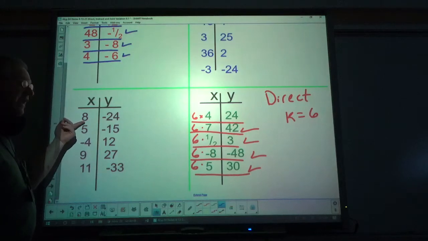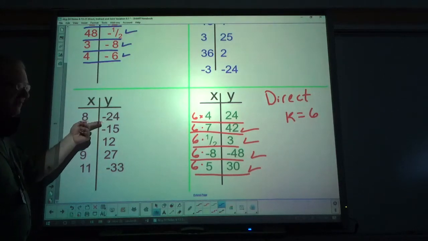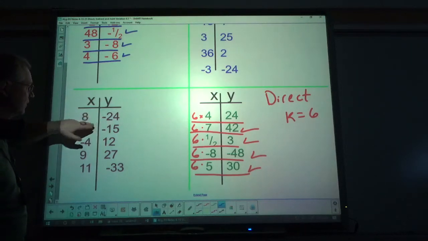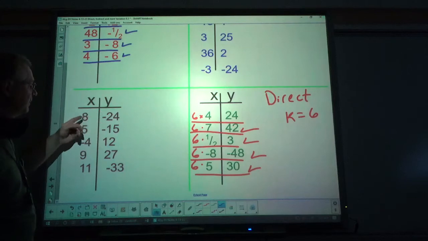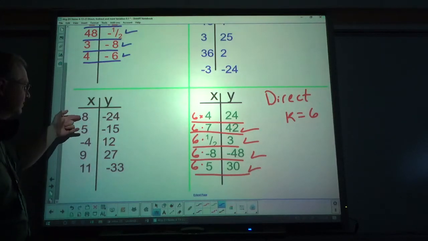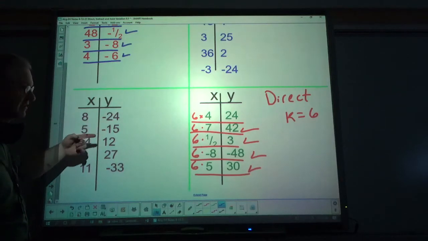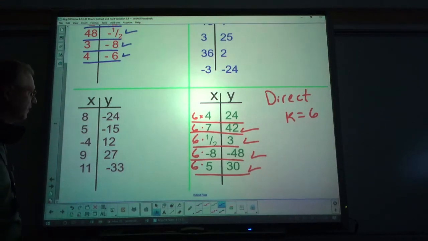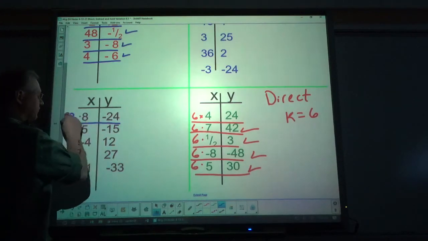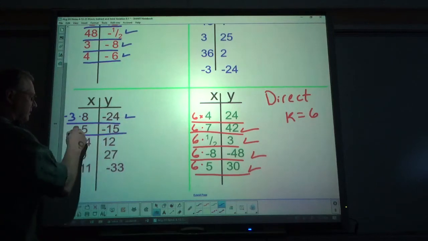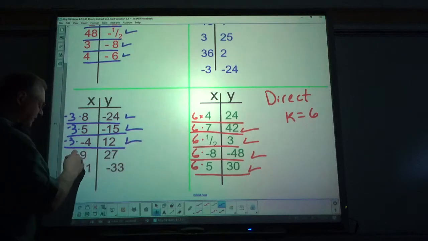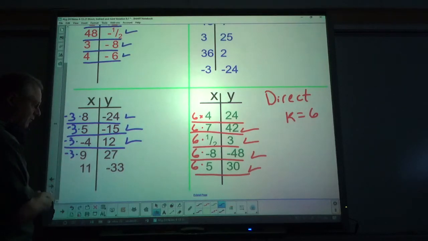Now, let's try this one. We know that negative 3 times 8 is negative 24. I know 8 times 24 and 5 times 15, I know these are negative, but they're not going to be the same value, because this is bigger than this one, and this is bigger than this one, so it can't be the same value. All right, so negative 3 is going to work. Negative 3, yes. Negative 3, yes. Negative 3, oh.